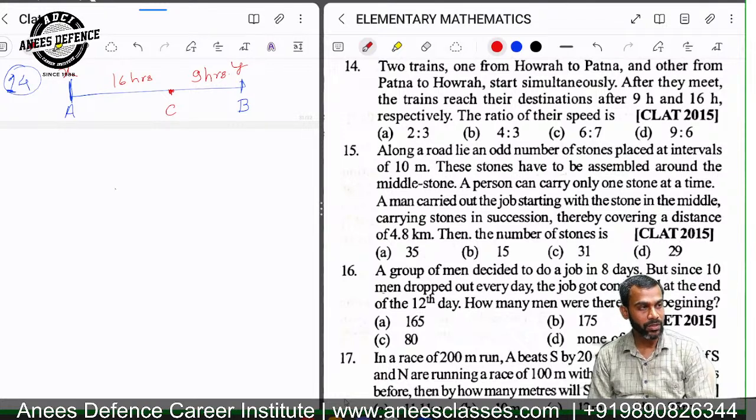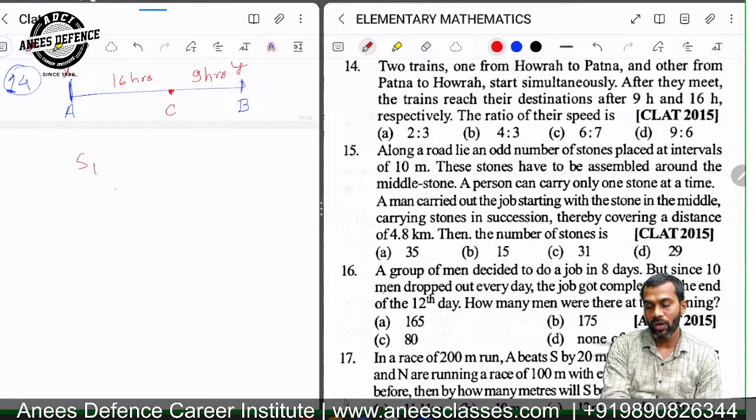So which one is faster? X is faster. X is faster. Yes or no? Havra to Patna. X is faster. So speed of X should be more than that of the speed of Y. Yes or no?